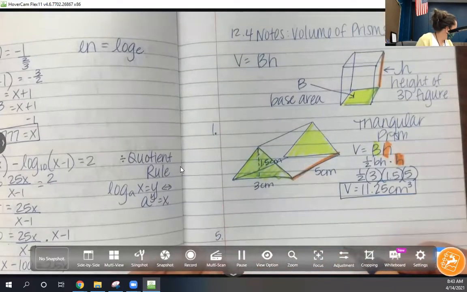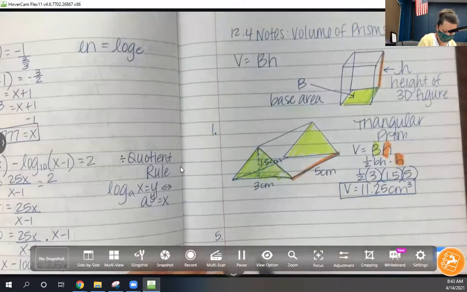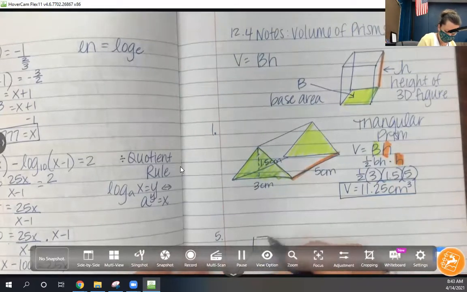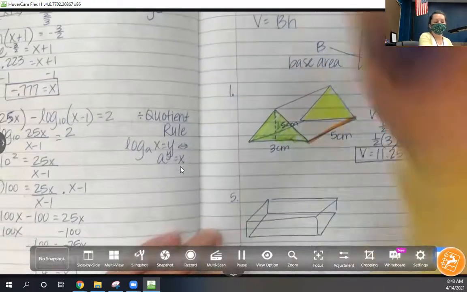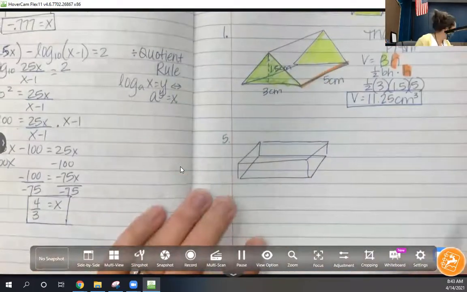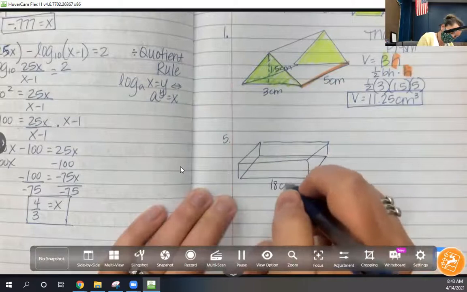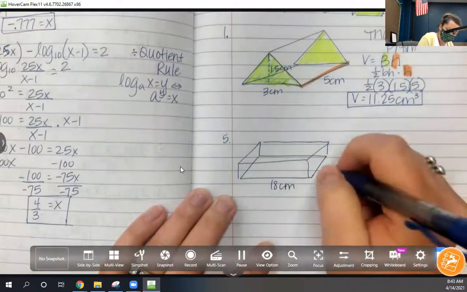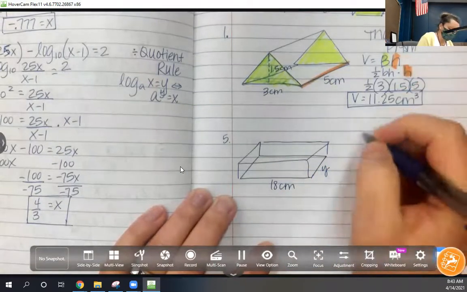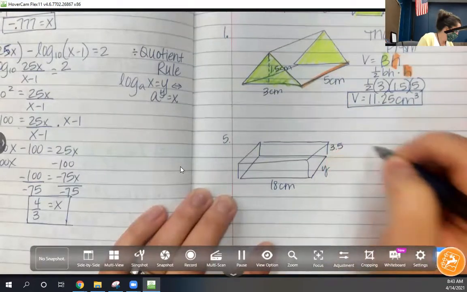We have a rectangular prism, looks like this. Takes me a little bit. Oh, you can't see that. Let's move it down. This is 18 centimeters. This is Y, and this is 3.5 centimeters.